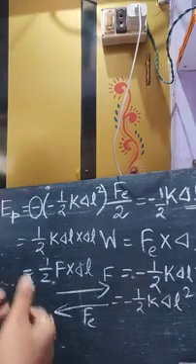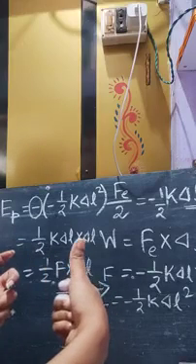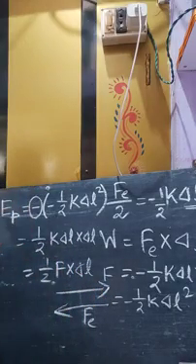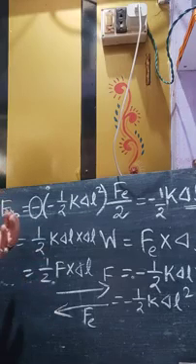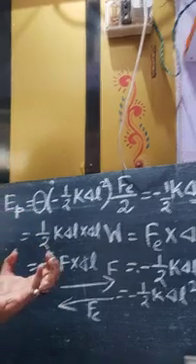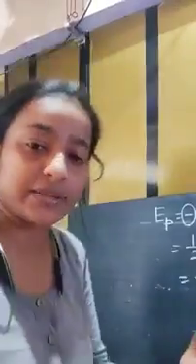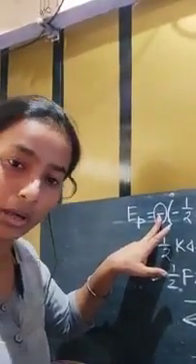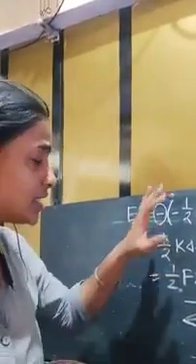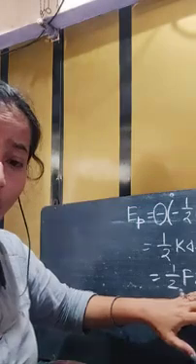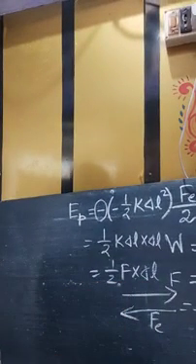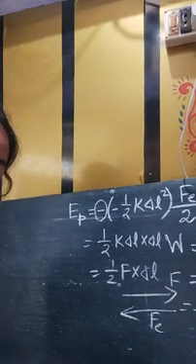That means when we are stretching the spring, that potential energy which is stored inside the spring is basically used, right? So therefore this negative sign is occurring. Okay, so this is the expression of the elastic potential energy.